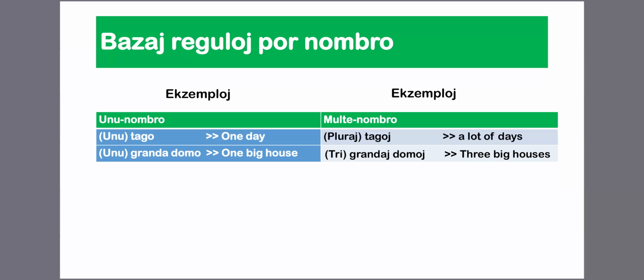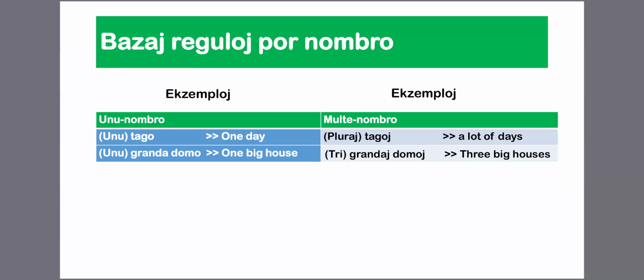If I want to say a lot of days, I can say plurae tagoi. Unu grandadomo, one big house, une maison grande.